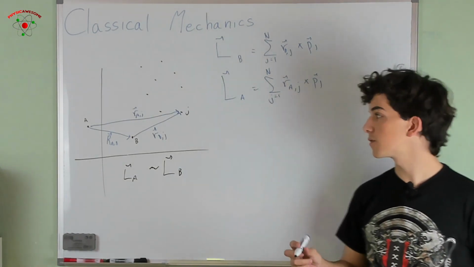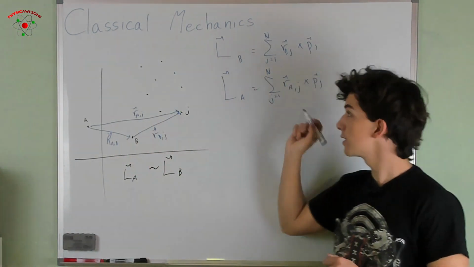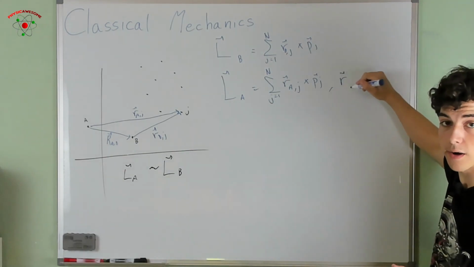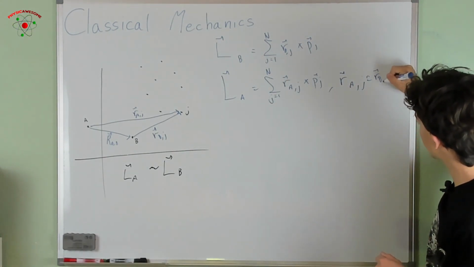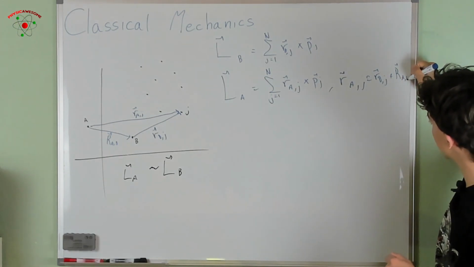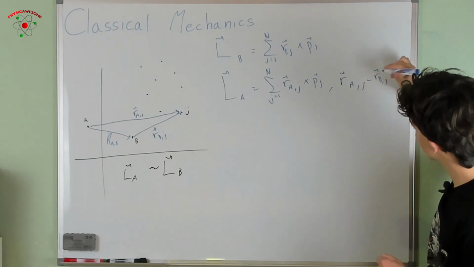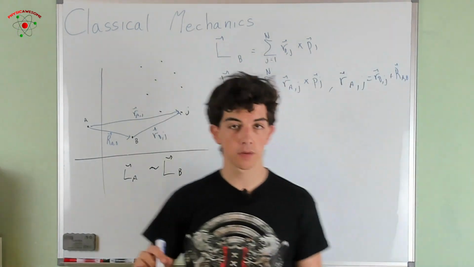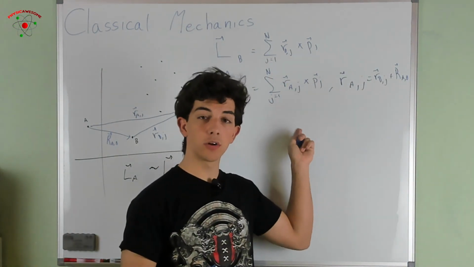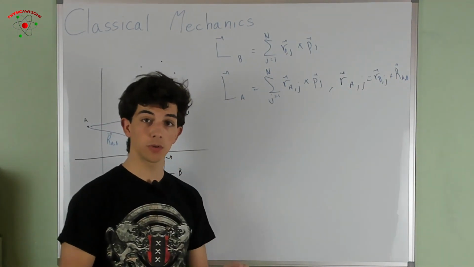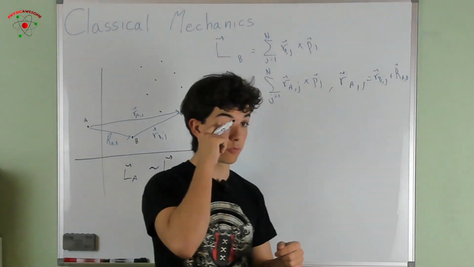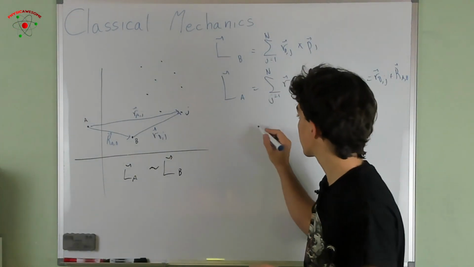However, we observe from this vector triangle that Raj equals Rbj plus Rab. Therefore, we can substitute this in here and distribute the cross product, which is going to give us a very interesting result.